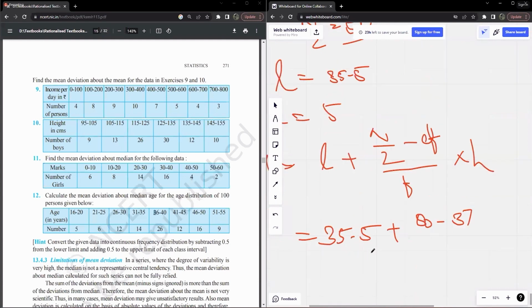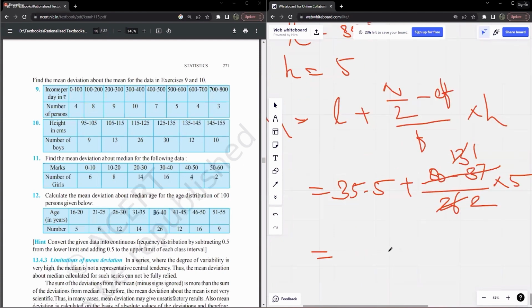So I'll write this as 35.5 plus 5 by 2, that is 2.5, which is 36 plus 2, 38. That's the median. Cool.